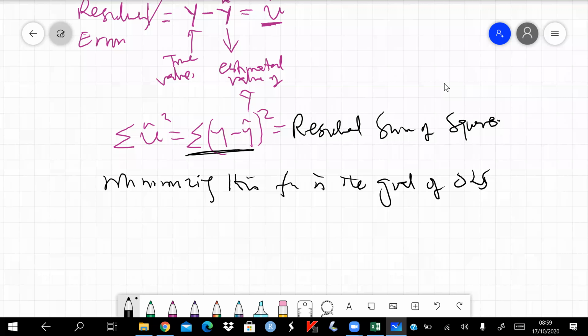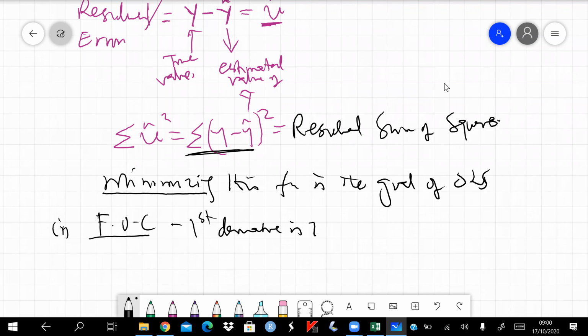Okay. And for minimization, you just need to use differentiation. As you know, in differentiation, if you want to obtain a maximum or minimum point, there are two conditions that must be satisfied. We have what we call the first order condition, which says that the first derivative is 0. So you just perform the first derivative and equate it to 0.